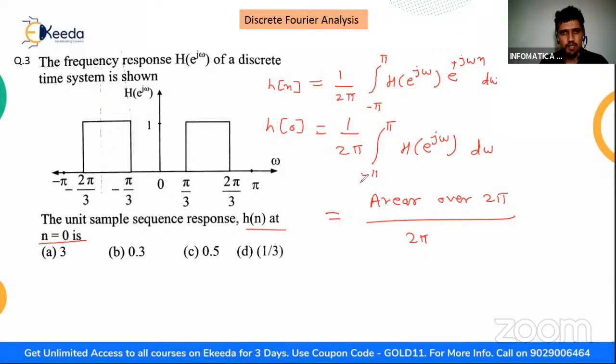This is basically the interpretation of this mathematical integration, or you can do the integration also. Then also you will find the same answer. Here you can say this is the interpretation of the integration. The area is 1 multiplied by duration pi by 3, plus 1 multiplied by pi by 3.